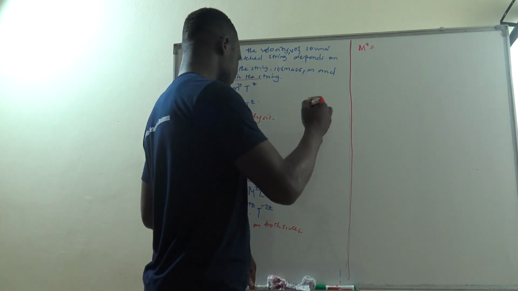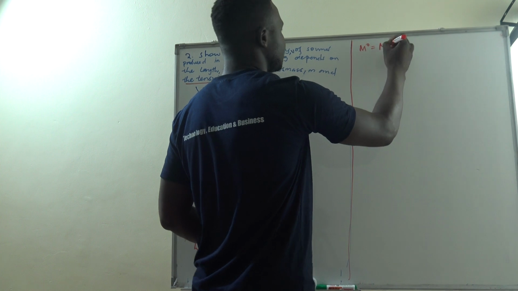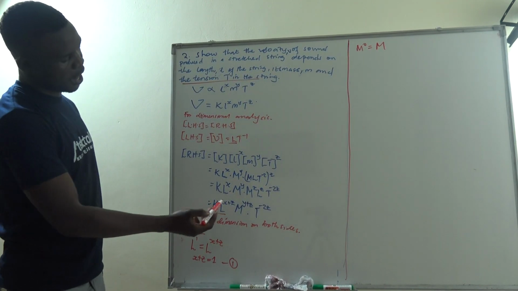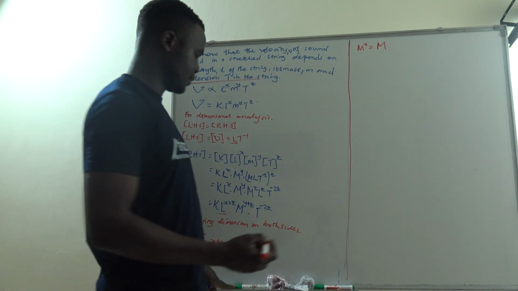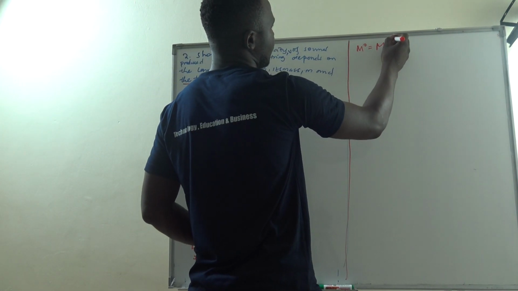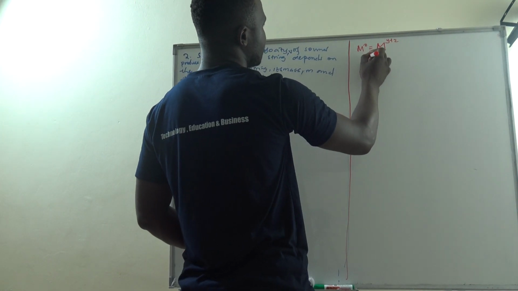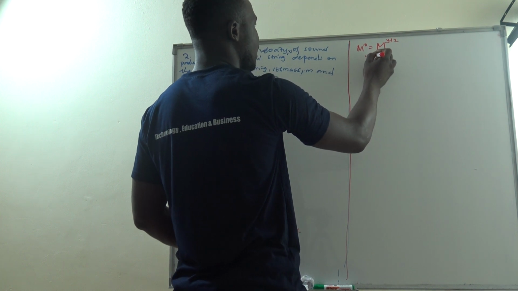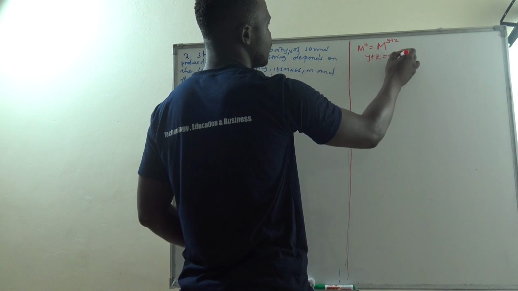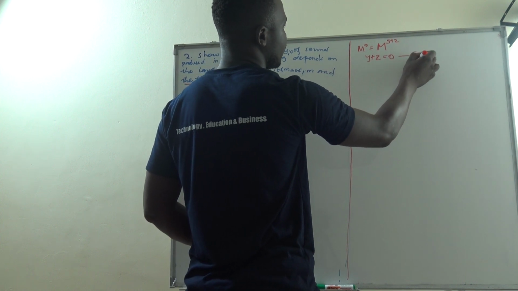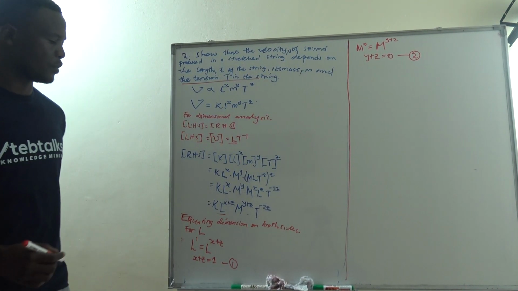So we move to the next. On the right-hand side, M has power y plus z. So this is M power y plus z, which gives us an expression y plus z is equal to 0. I call this the second equation.